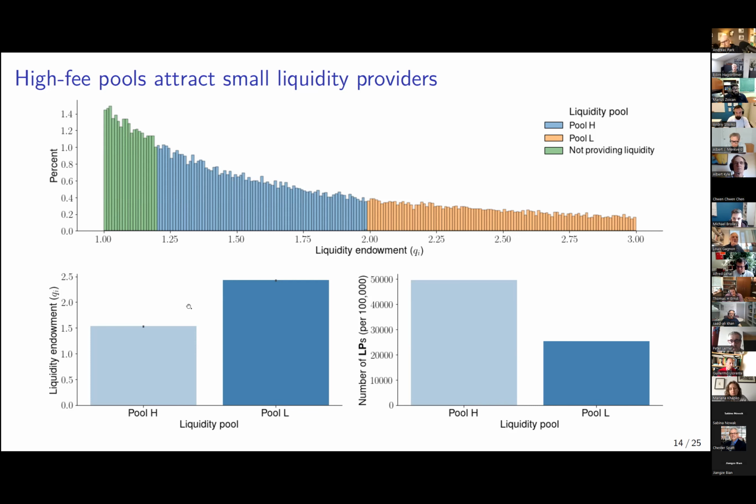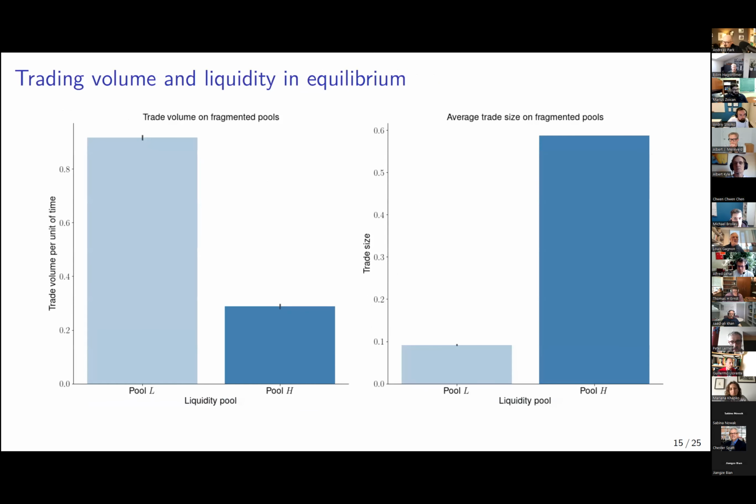So what we should see in equilibrium, as a prediction, is that the average endowment, the average liquidity deposit, on the low fee pool is higher. It comes from the guys with a large endowment, than on the high fee pool. And under these assumptions of the Pareto distribution, we expect to see more small liquidity providers on the high fee pool and fewer large liquidity providers on the low fee pool.